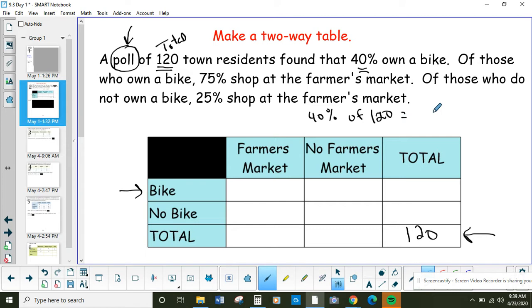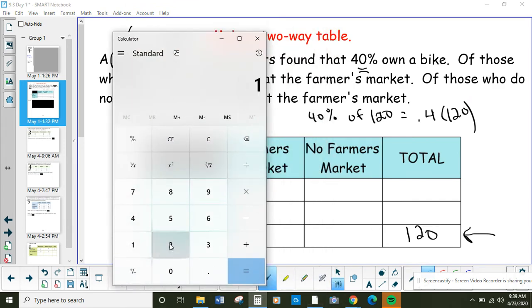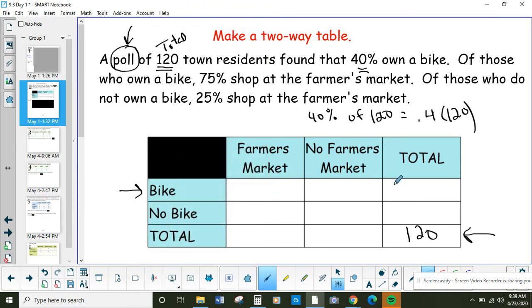Of course, we convert our percent to a decimal first, multiply these two, and we can simply grab a calculator at this point. 40% of 120 means 120 times 0.4. So we know that 48 people own bikes. They didn't tell us that, but they gave us enough information to figure it out.